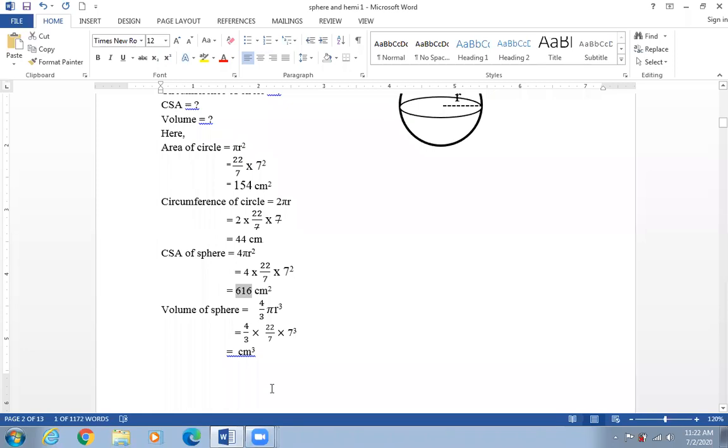It is 616. 4 into 22 by 7 into radius means 7, 7 square. Use a calculator quickly. 1437.33.